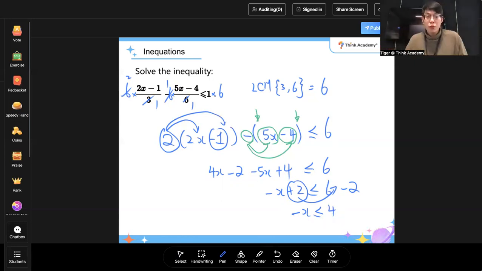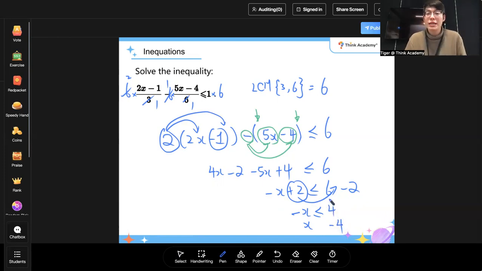Well, but usually when we are trying to solve an equation or an inequality, we won't try to find the value of minus x, right? We want to find the value of x or find the range of x. That's the reason why I need to write it as x. Now I am taking the opposite number of minus x, that is x essentially. So I should also take the opposite number of 4, that is minus 4.